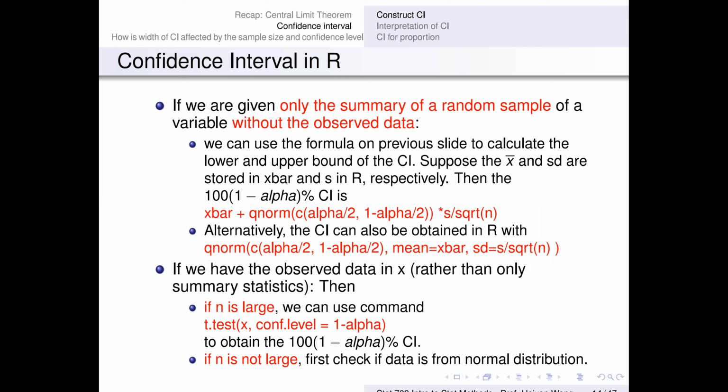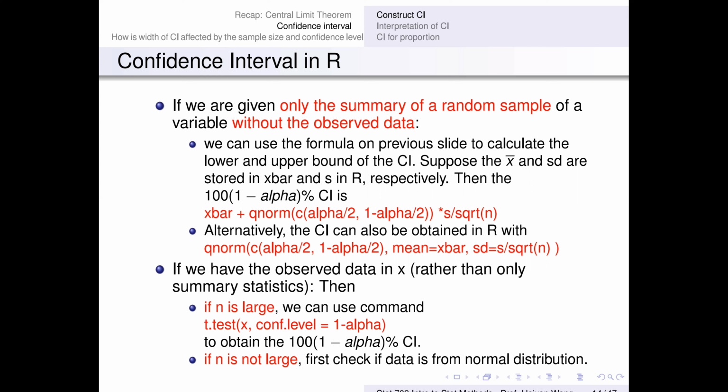In some cases, you have access to the actual data. If that's the case, let's put the data in x, and we can simply use a t-test with x in there and specify conf.level equals the number. For example, if we want a 95% confidence interval, we would do t.test x, comma, conf.level equals 0.95.